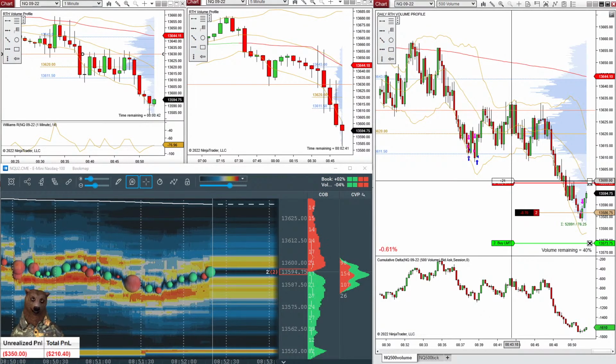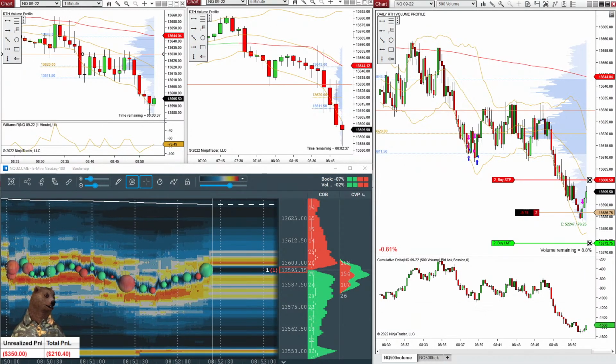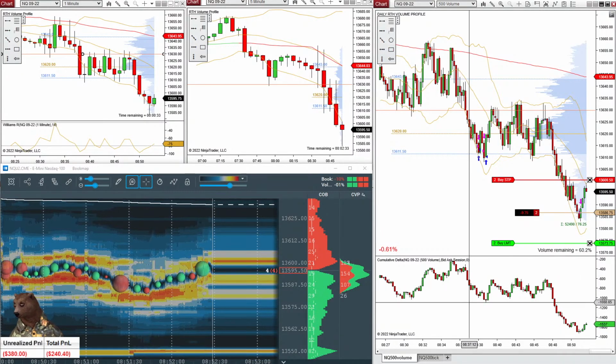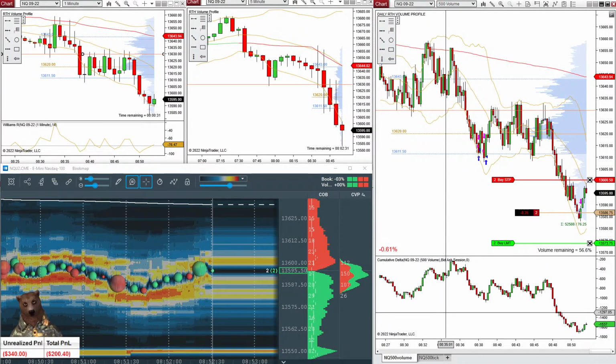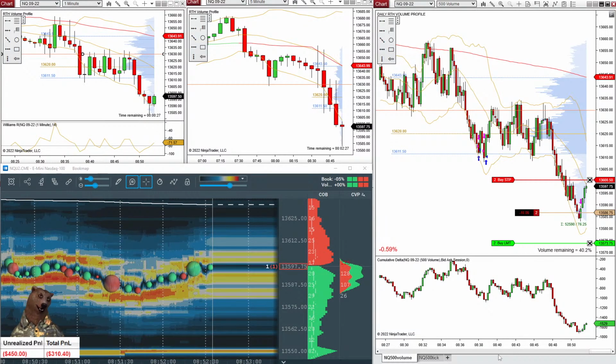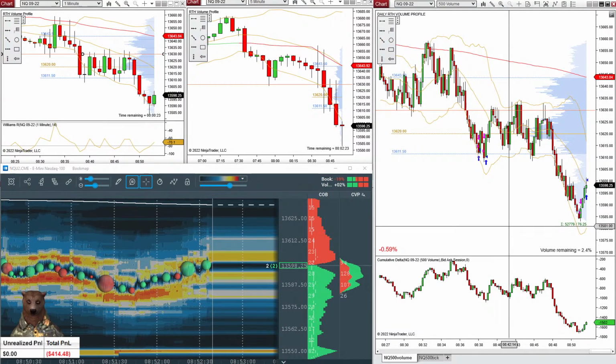There's some stuff going on. I'll take our stop. Take our stop if we need to. Although I still think it's probably going to go down. But we got in too low on it.